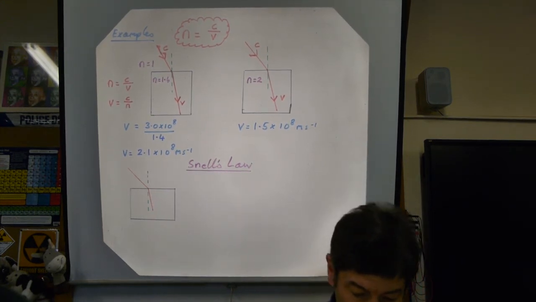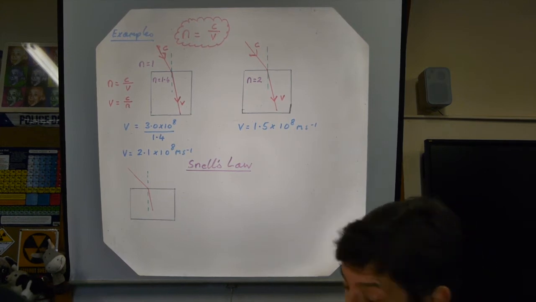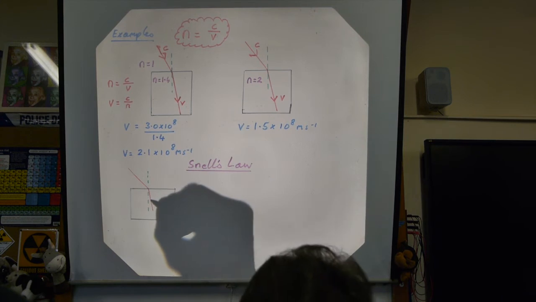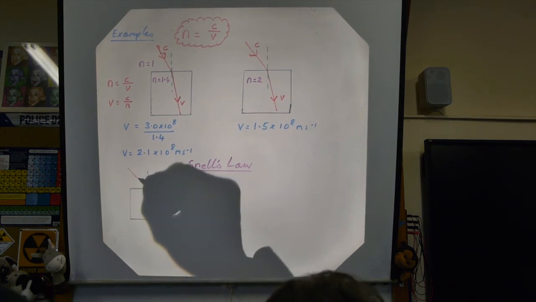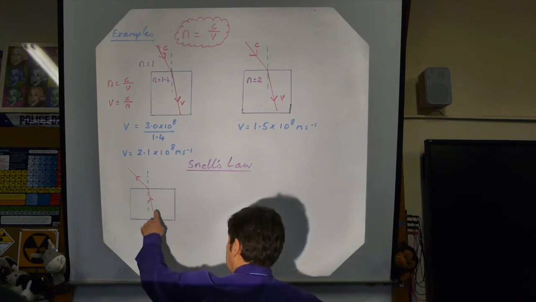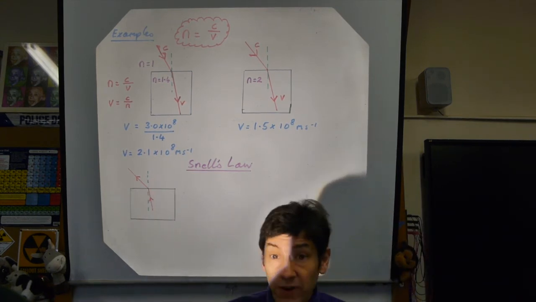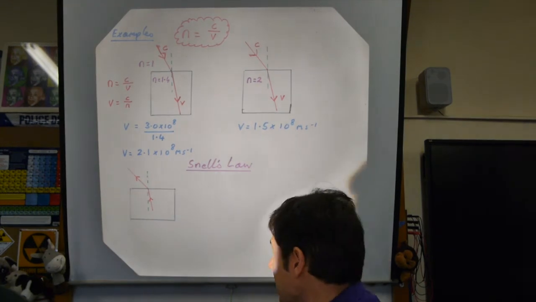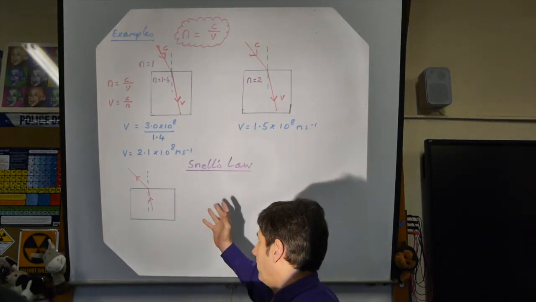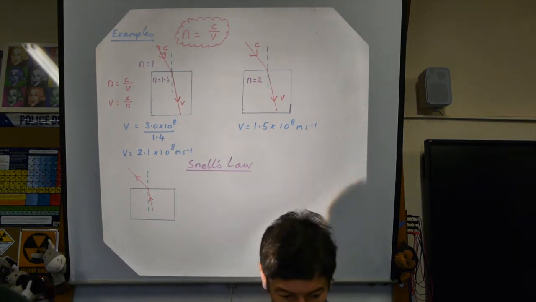Okay, now I did say that ray diagrams of this kind are reversible, so just to be a pain, why don't I do that? That shouldn't worry you in the slightest, okay? You've got angles here that you can look at, and we're going to be very careful not to name these angles the angle of incidence and the angle of refraction, because it's going to get a little bit complicated.